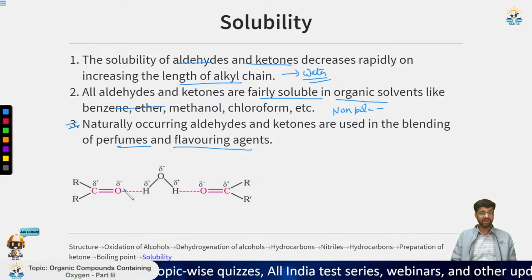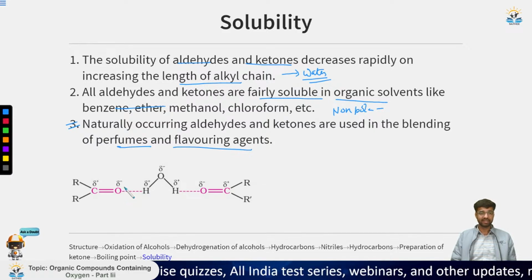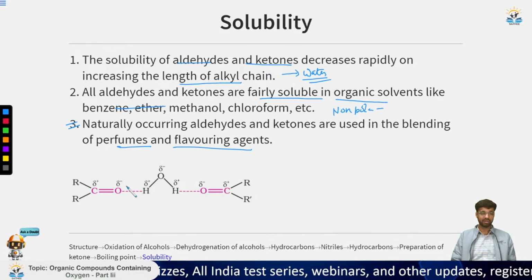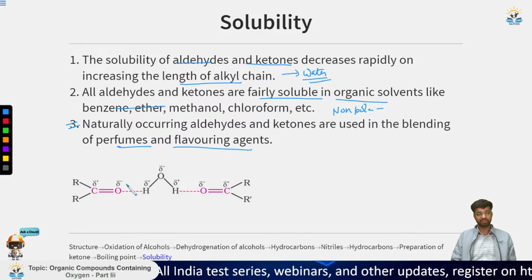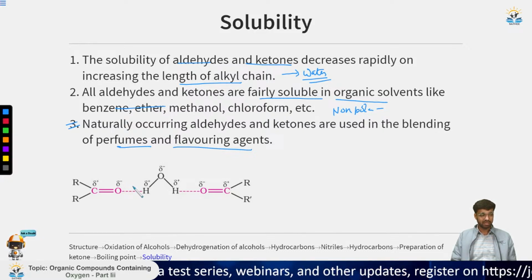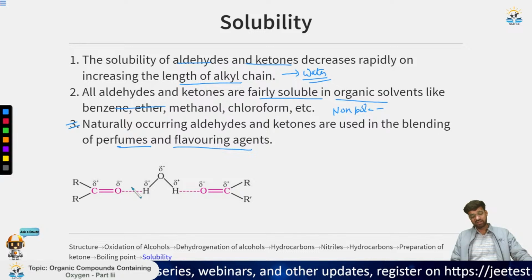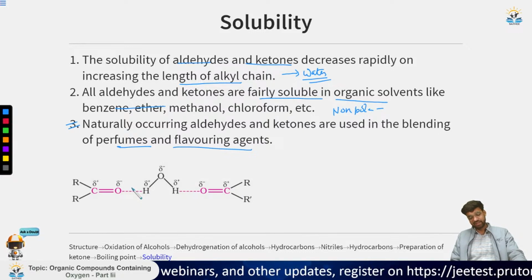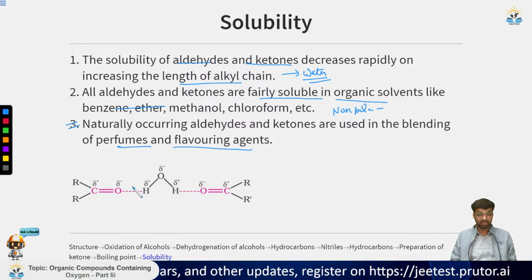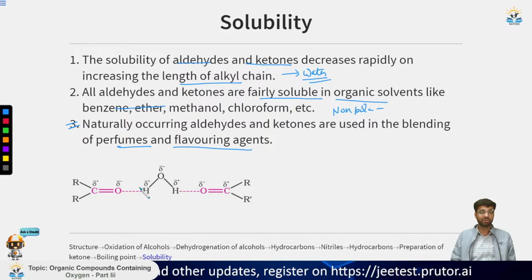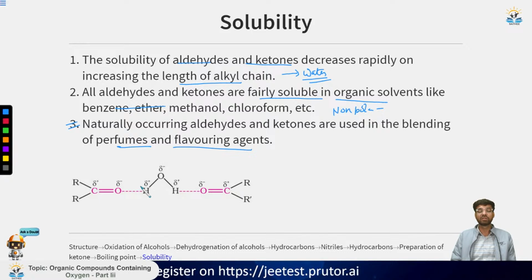Now, what is the reason behind this solubility of aldehydes and ketones? The reason is hydrogen bonding. Simply, it is due to hydrogen bonding. Now, students, this is a point I want to make here: do not use hydrogen bonding everywhere, but of course hydrogen bonding in organic chemistry is very important. In organic and inorganic both, but for organic it is mostly important because it explains most of the phenomena.